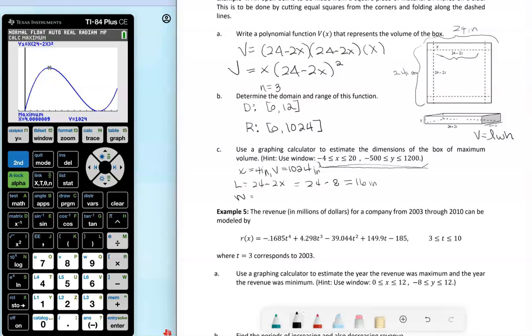The width is the same. And x is equal to the height. So the dimensions will be 16 by 16 by 4 inches. That will give us the maximum volume for that box.